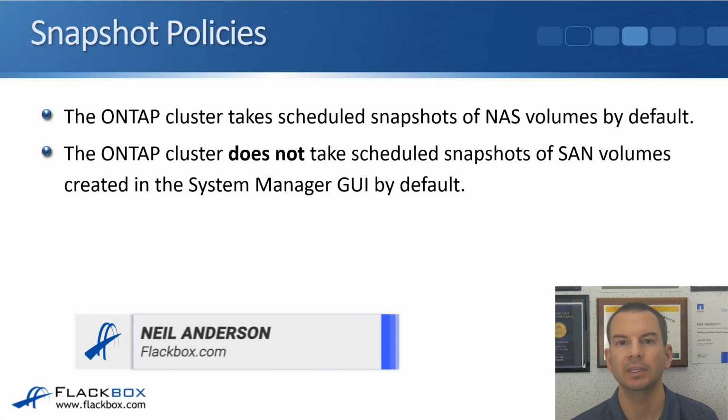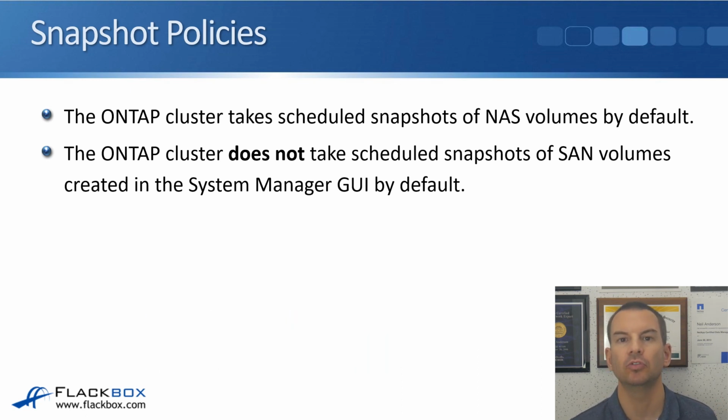You learned in the last lecture that the most common way for snapshots to occur is due to automated scheduled snapshots. And the ONTAP cluster, meaning the ONTAP operating system itself, takes scheduled snapshots of NAS volumes by default.